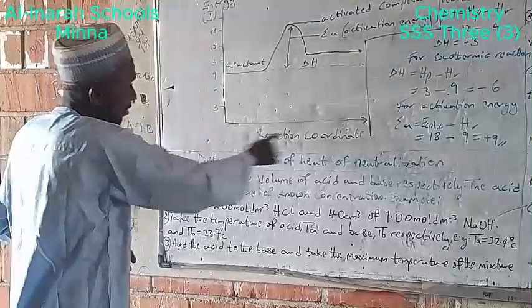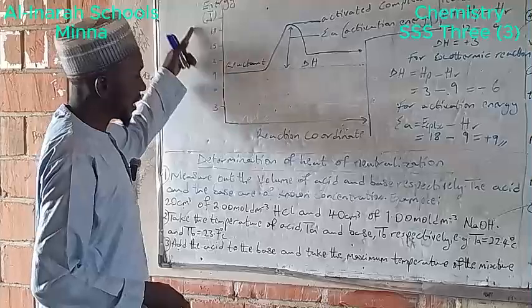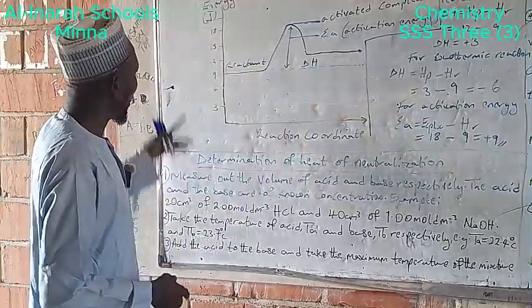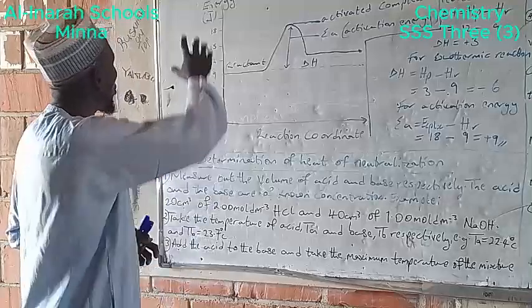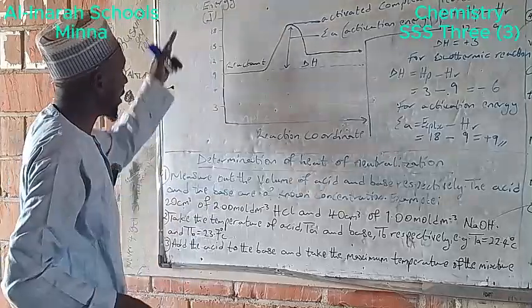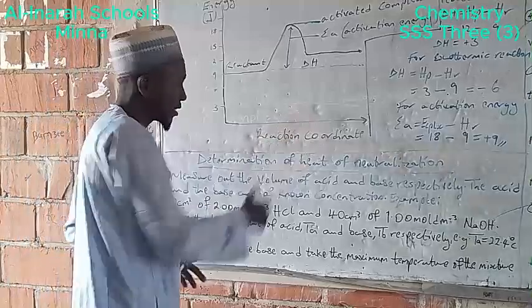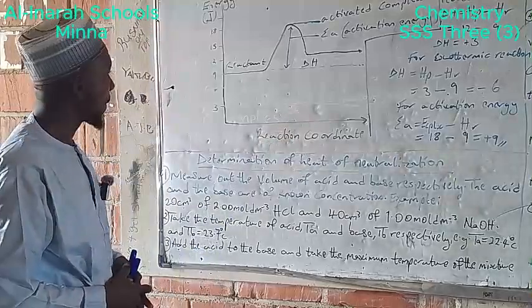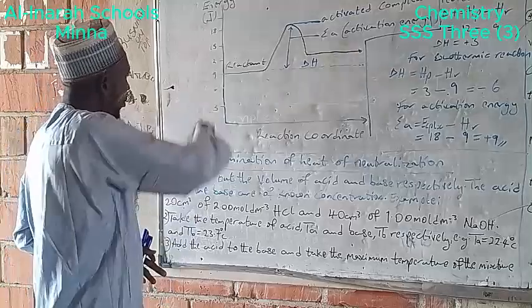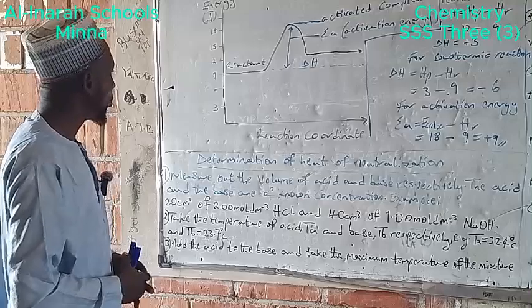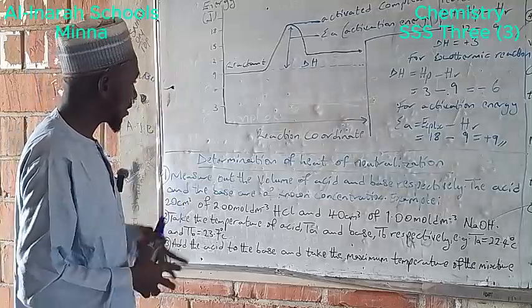You must have your axes: the energy axis and the reaction coordinate. For the energy axis, we said you have your energy with the unit as joules. Then we have the reaction coordinate, or reaction path. On the energy axis, we have values that are usually given, which you are supposed to place on the axis.